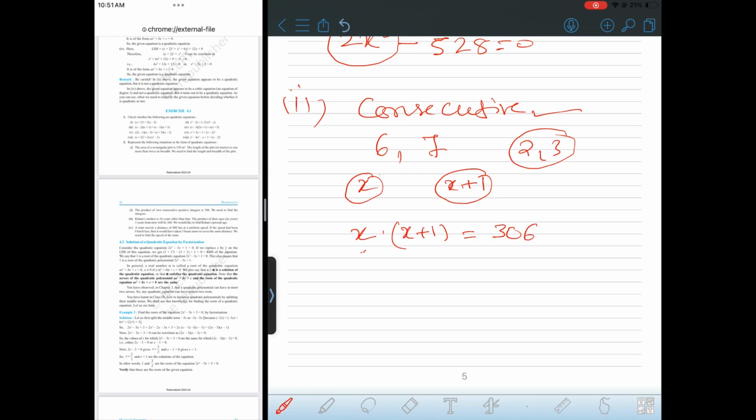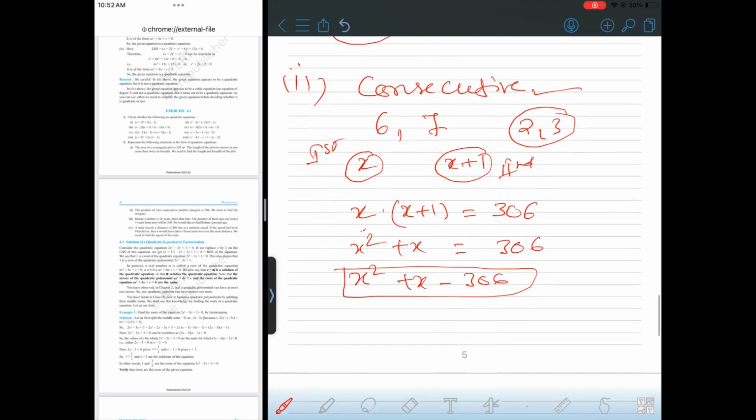Then simply take the first number as x, the second becomes x plus 1, and the product will be x into x plus 1 is equal to 306. If you solve this, it becomes x square plus x is equal to 306, or x square plus x minus 306 equals 0. Now you have got the quadratic equation, and that's the objective of this problem, right?